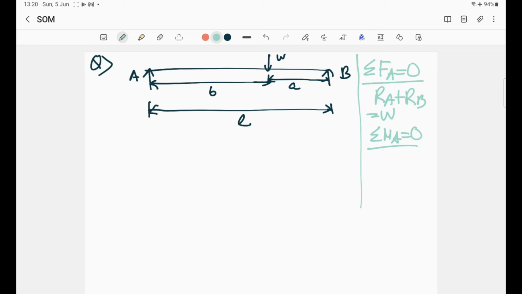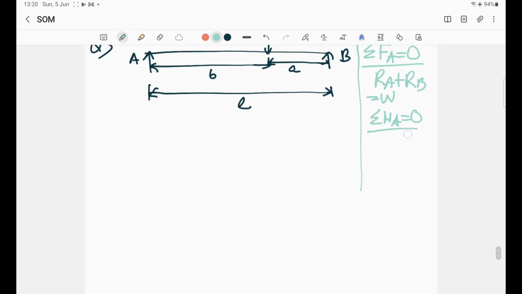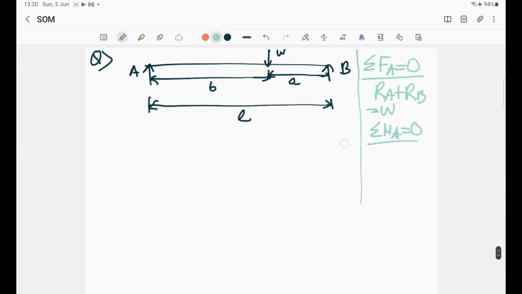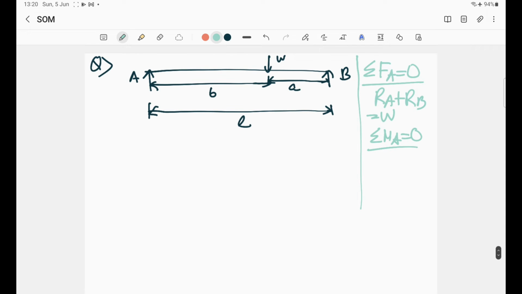Now, what does it imply? RB into L is equal to W into B. It is very easy: if RB you take as positive, then W will be negative, since these are acting in opposite directions with respect to A. So RB into L is equal to W into B, which gives us RB equals WB by L. And once you find RB, if you put it in the first equation, RA plus RB equals W, we'll find the value of RA as well.